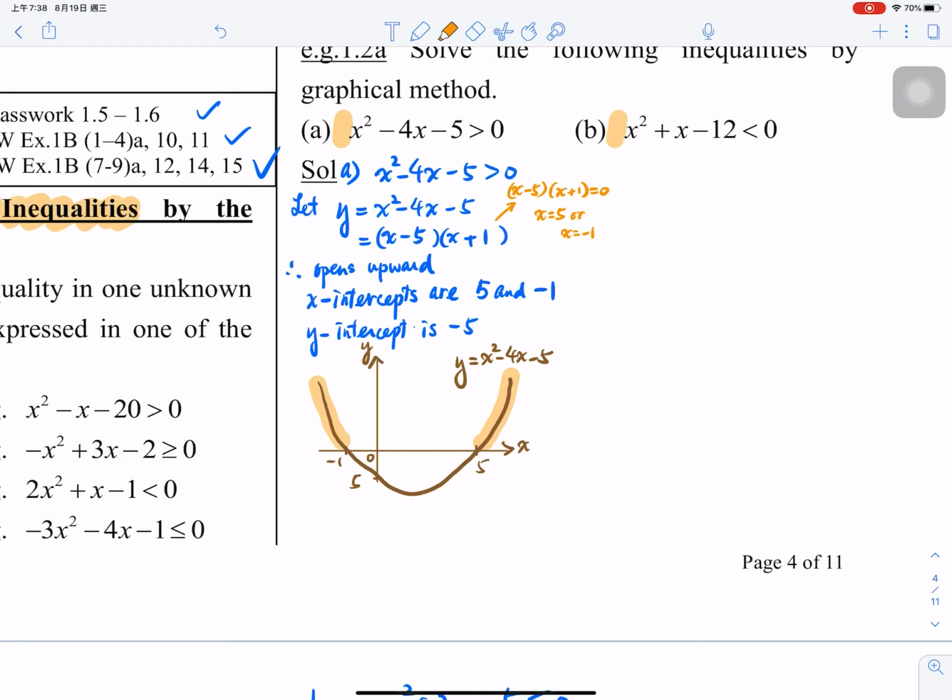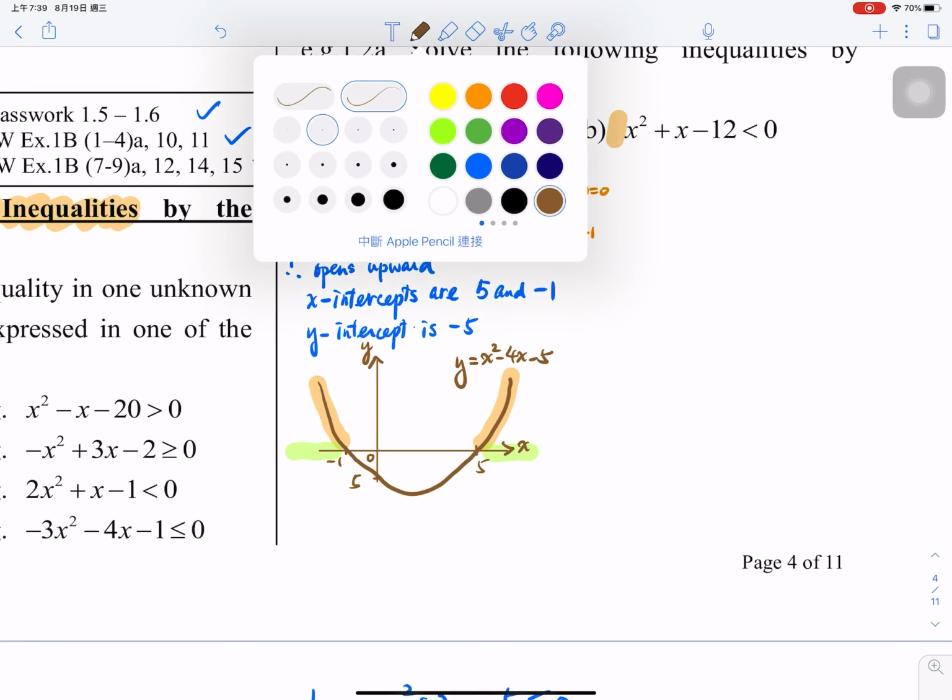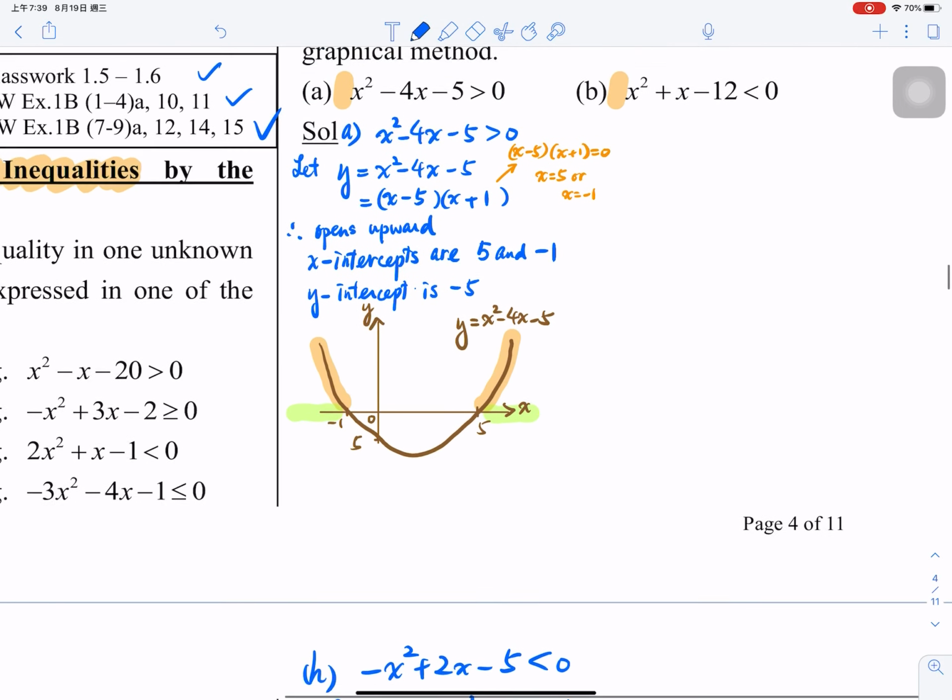This part and this part are greater than 0, y greater than 0. Then the corresponding values of x are here, 2 sides of the x-axis, right?